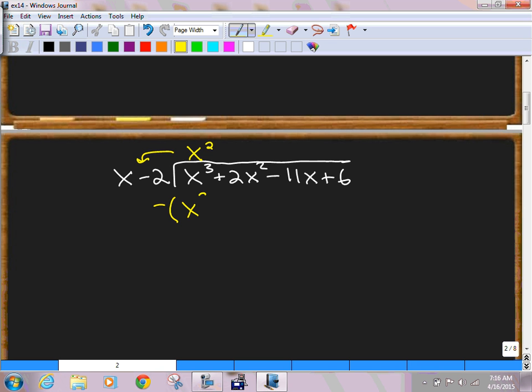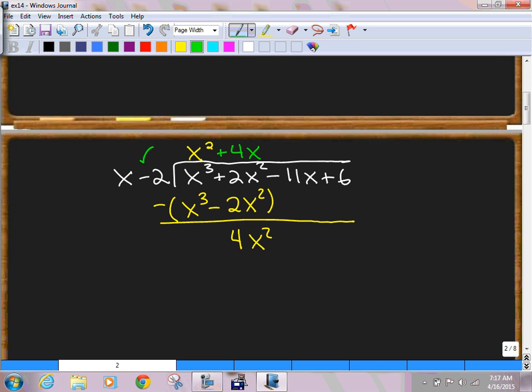We're going to get x cubed minus 2x squared. The x cubes will cancel, and we're going to end up with 2x squared minus a negative 2x squared, which gives us 4x squared. So from here, this is going to be a positive 4x.